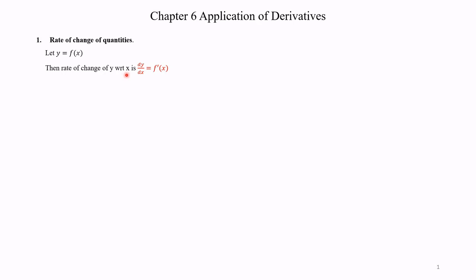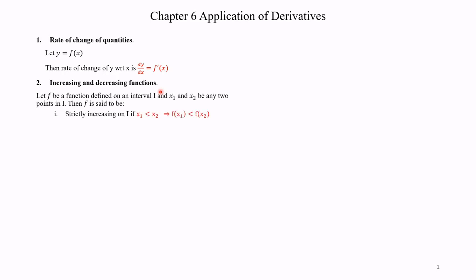So here the rate of change of y with respect to x is dy by dx, that is the differential of y with respect to x, which is represented by the first derivative f dash of x. Then, increasing and decreasing functions.